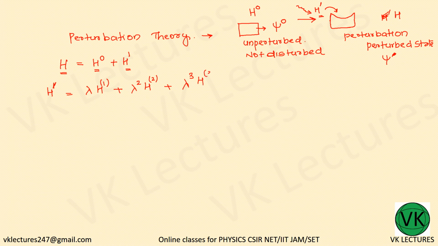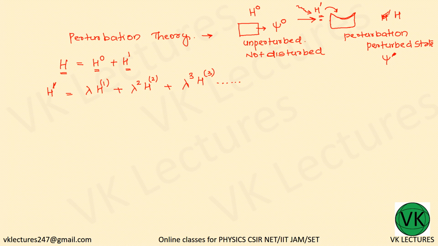Now it goes on, it extends, because this perturbation doesn't end here, because due to this h dash, this has changed in this form. Again, due to this change in the form, there is another perturbation occurring due to its effect. So the effect keeps on increasing.